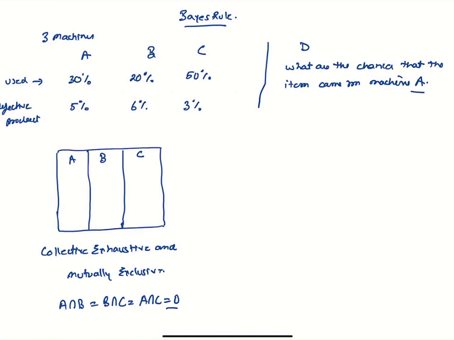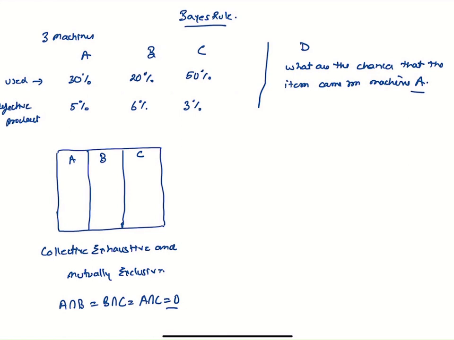Now 5%, 6%, and 3% can be thought of as conditional probabilities, getting a defect given a particular machine.